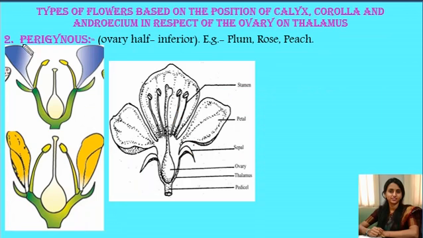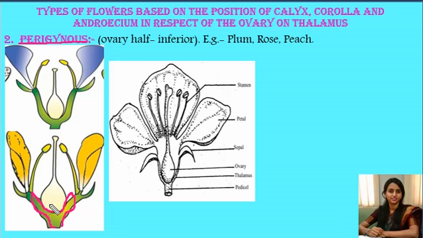Then the second type of flower is perigynous flower. What is perigynous flower? In perigynous flower, the thalamus forms a cup-shaped structure. Look at this. This is the thalamus part. Then the ovary is situated at the center of this cup-shaped structure, that is thalamus.